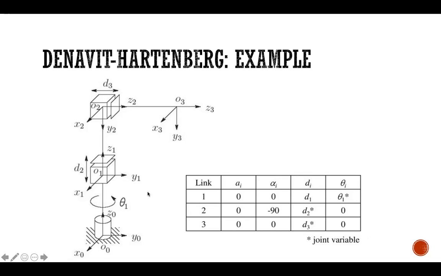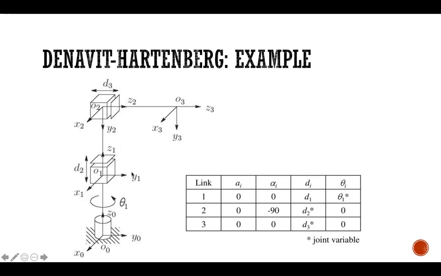If we move on to the second joint, we see that, again, the two axes have no distance in between them since they intersect. Following that, we can see that with respect to the x1 axis, there is an angle of 90 degrees between the two frames, which, with respect to the x1 axis, is a negative angle.